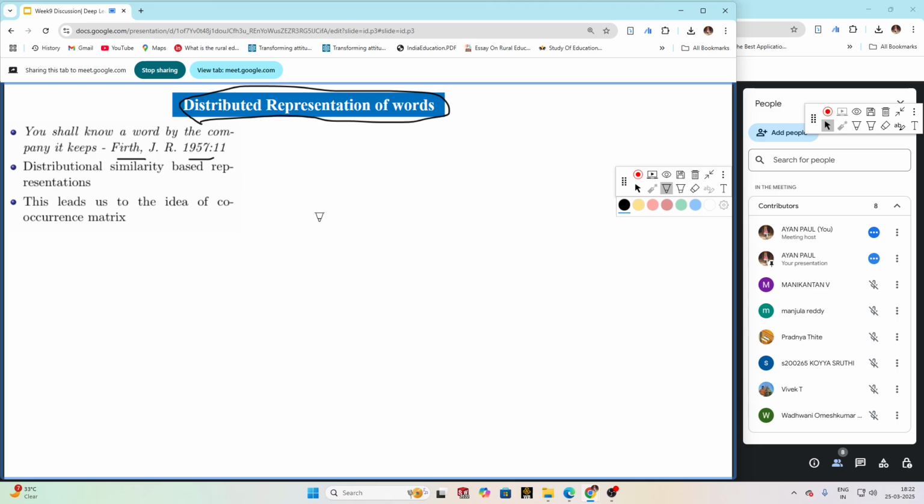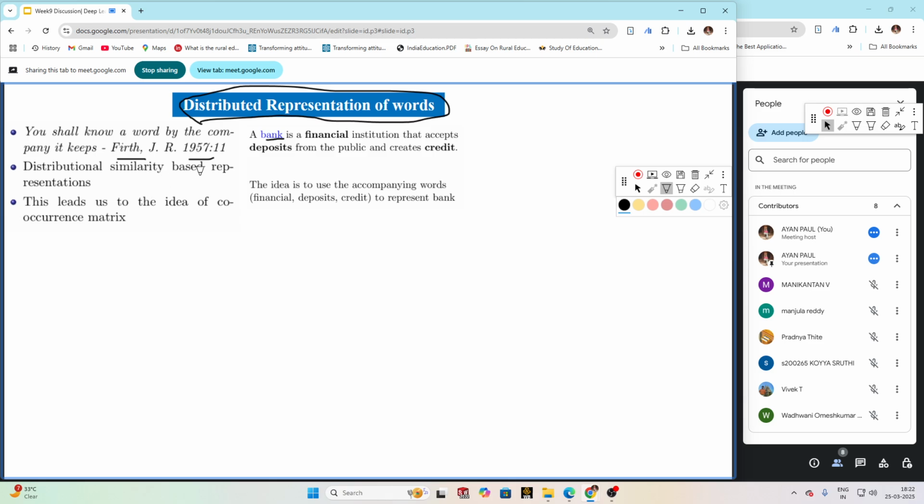That means some words always appear together. For example, whenever we discuss the word bank, it always comes with words like deposit, credit, and so on. That was the idea of distributed representation of words: some words always appear with some other words.